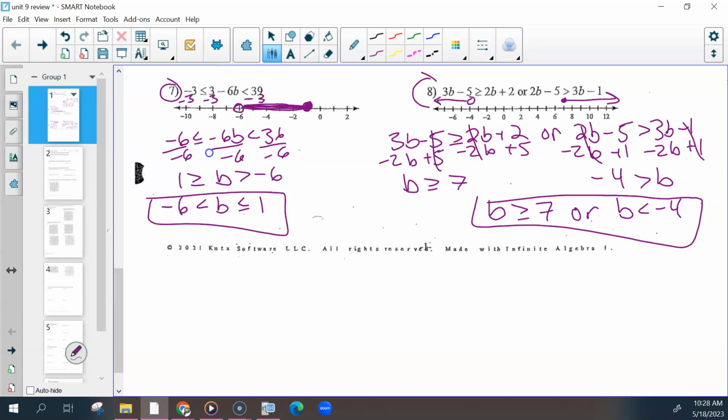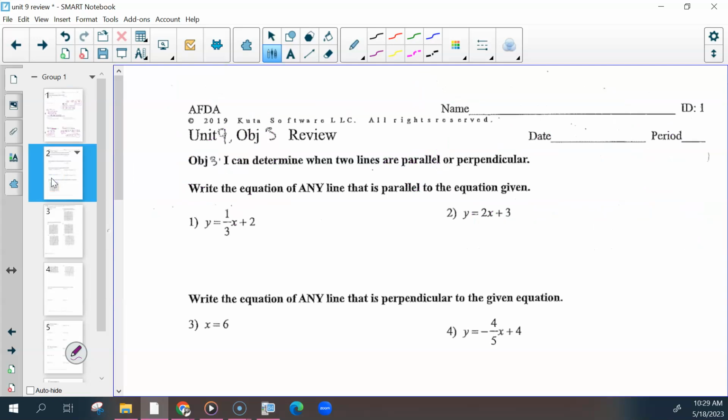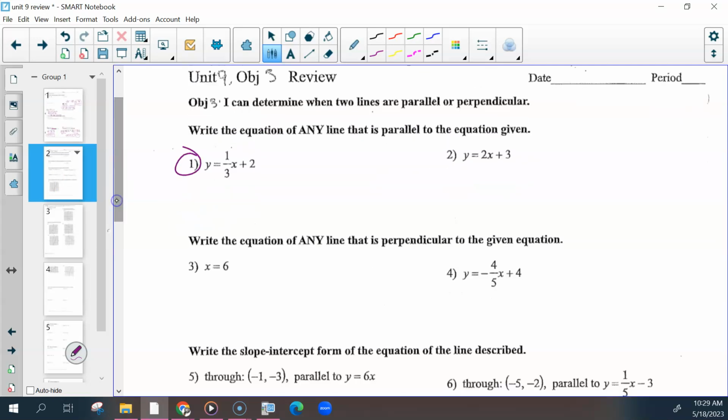So the next page goes back to objective 3, which is parallel perpendicular lines. Which of those do we want to go over to review? 1. Any others?